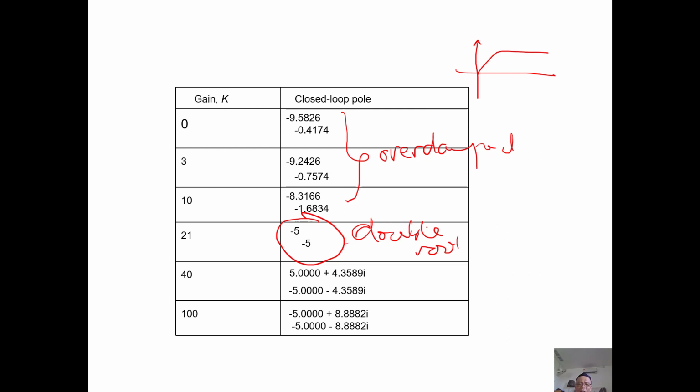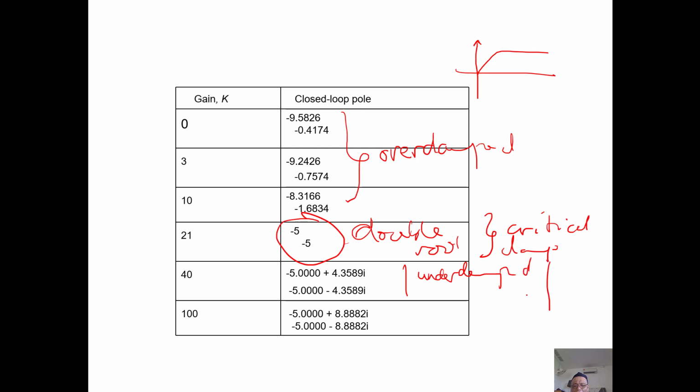But this one is called critically damped. As you remember, critically damped is just like overdamped, except that it is faster. And we notice that as K is increased more than 21, the closed loop poles start to become complex. And we know that when they become complex, this is the case of underdamped.